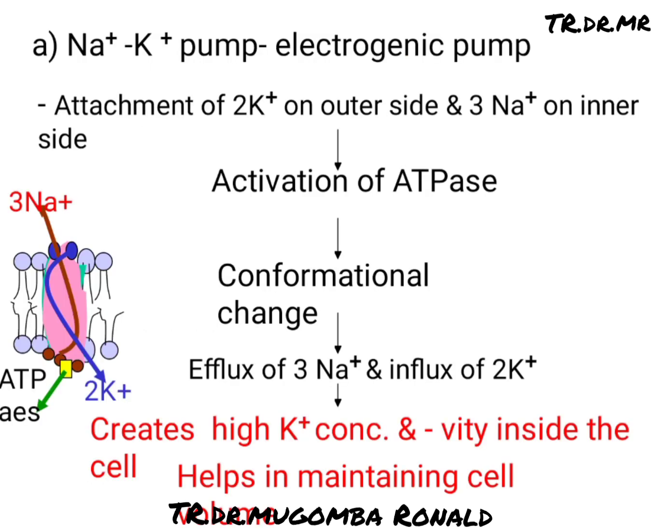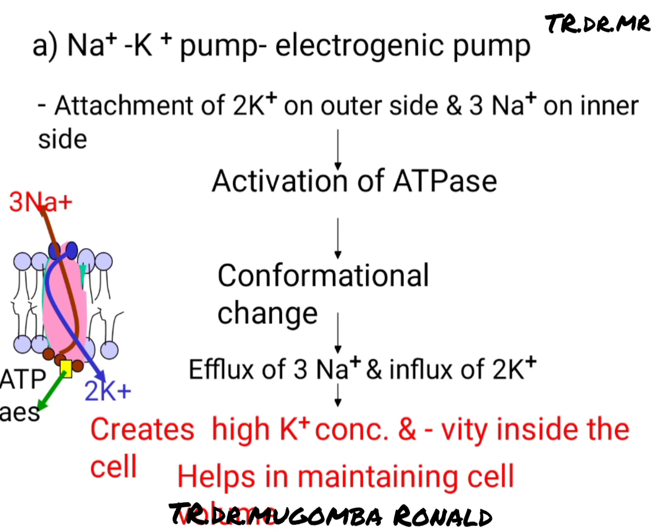So you can clearly see that in the sodium-potassium pump, we use energy. Usually 2 potassium ions attach to the outermost part of the membrane, and 3 sodium ions attach to the innermost part of the membrane.